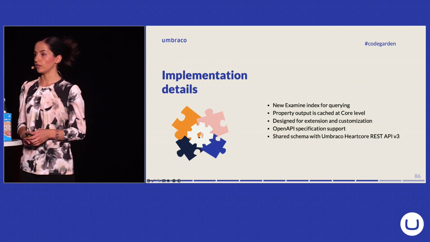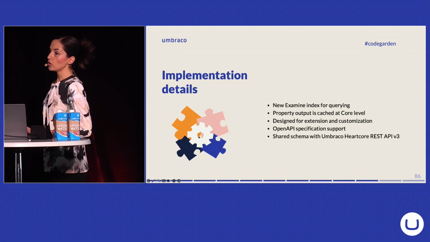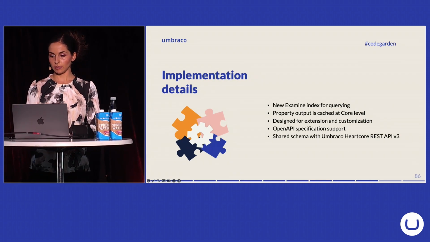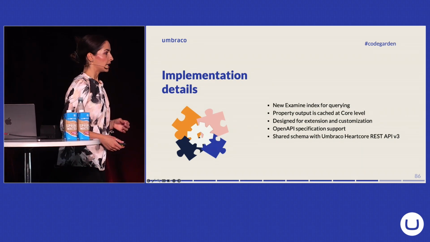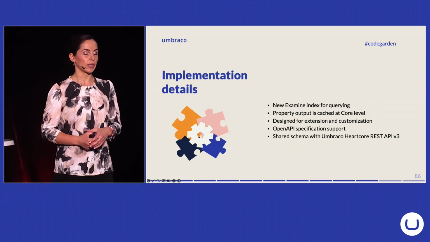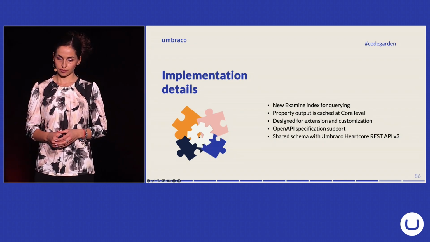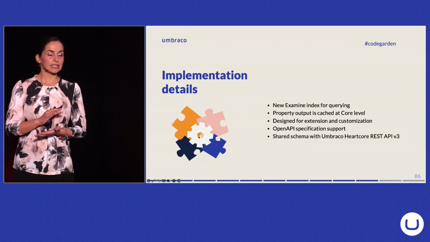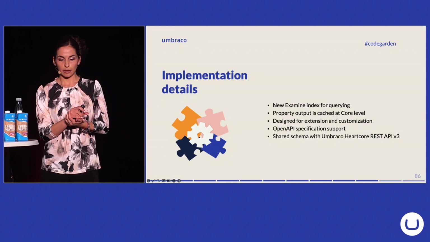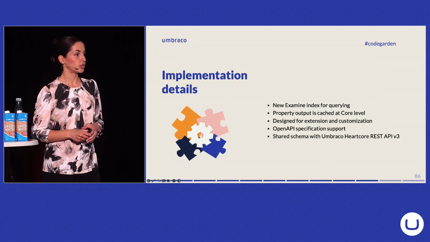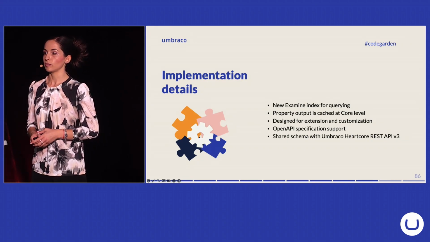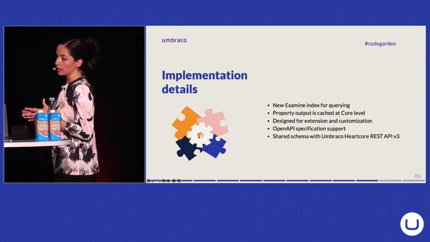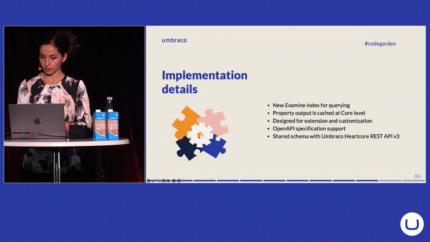And talking about the Delivery API specifications, we have collaborated with the Umbraco Heartcore team to define a shared schema that's applicable to both the CMS and the upcoming Umbraco Heartcore REST API version 3. Aligning on the same API spec provides developers with the opportunity to expand their toolbox, because all the learnings, all the knowledge gained from the API can be reused.